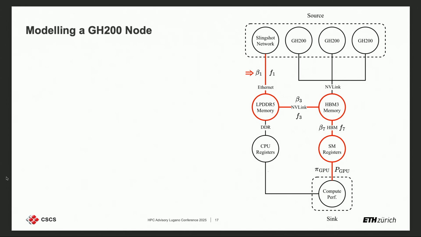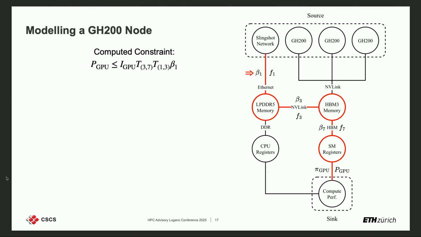The computed constraint that we got at the previous step was just that the GPU performance has to be smaller than the operational intensity of the GPU, multiplied by the transfer intensity from 3 to 7 and from 1 to 3, finally multiplied again by this beta 1 peak bandwidth.